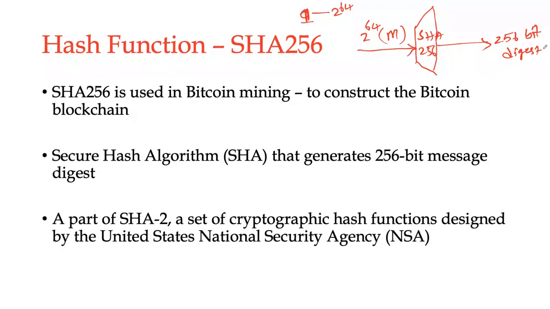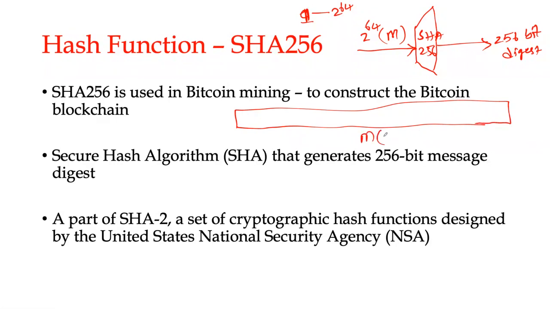And the message which it is taking as an input is divided into blocks. It is a message with a size of at most 2 to the power of 64.